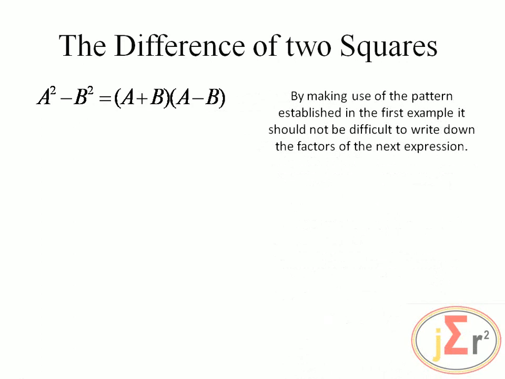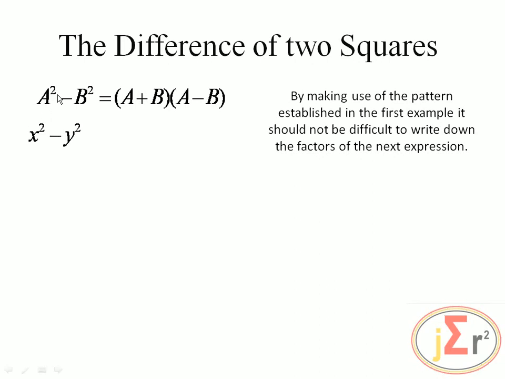By making use of the pattern established in the first example, it should not be difficult to write down the factors of the next expression, which is x squared minus y squared, and that is straightforward. This is the one that we should remember because we will no doubt have this one in a problem that we will solve in a short while.